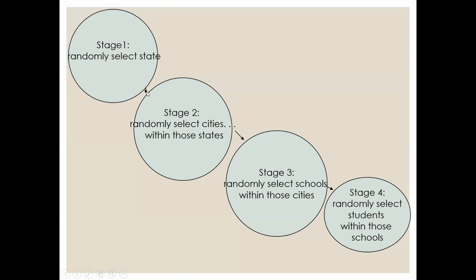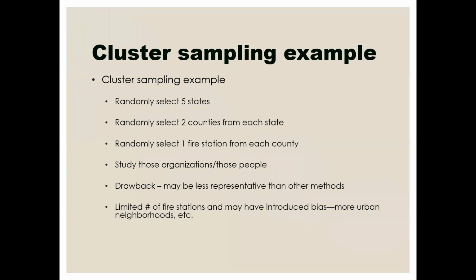So each of these points that we're jumping through, cluster to cluster to cluster, although it's easier to get our sample, it's also a point of layered error. So error could happen here, here, here, here. The more times we touch the sampling frame, the sample, the more times we can introduce error.